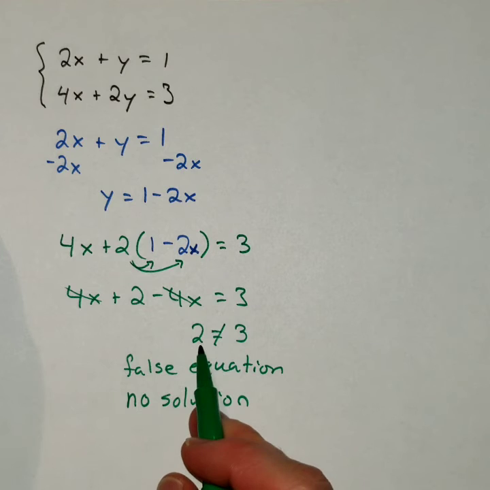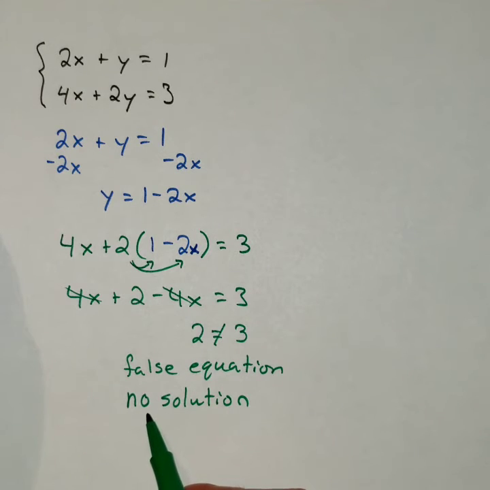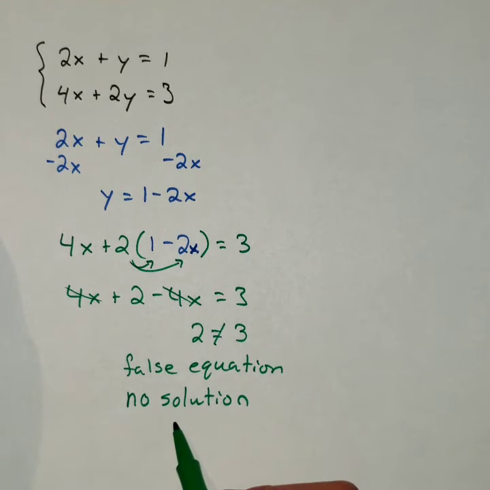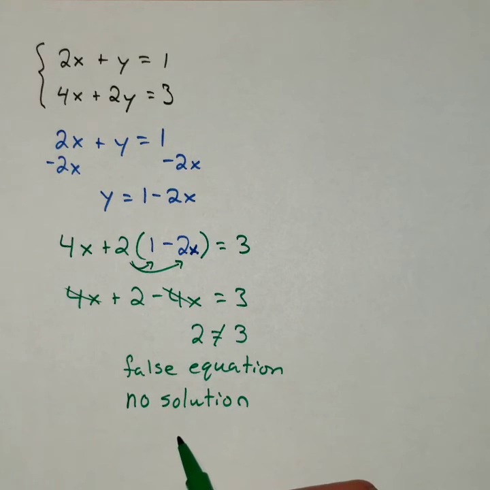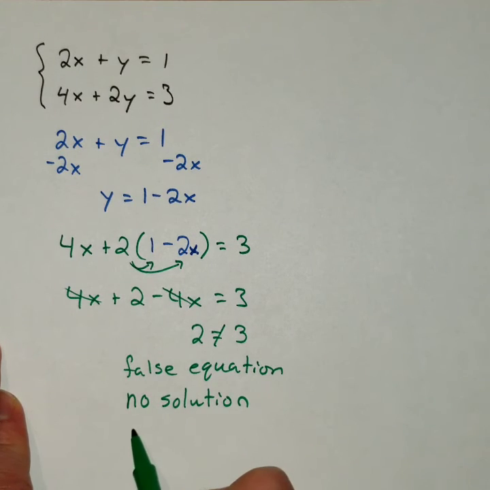Okay, if you have a false equation, you have no solution. That's a case where you have parallel lines. And so if you have parallel lines, based upon our definitions that we saw in our first video in this section, we have an inconsistent system with parallel lines.